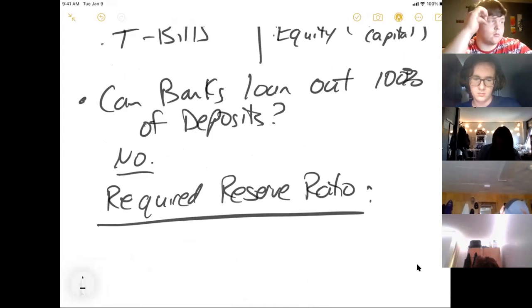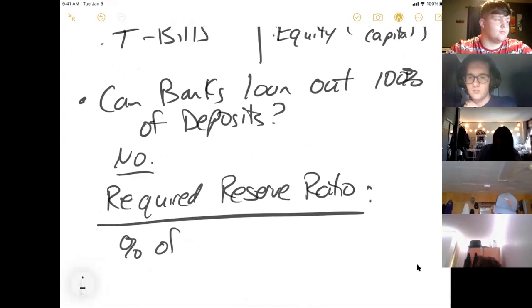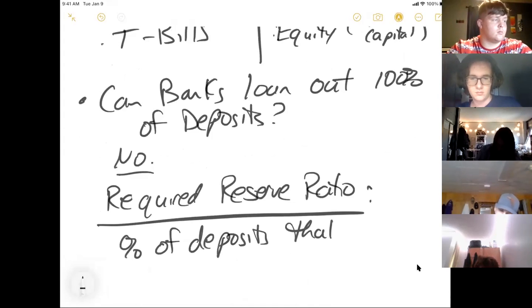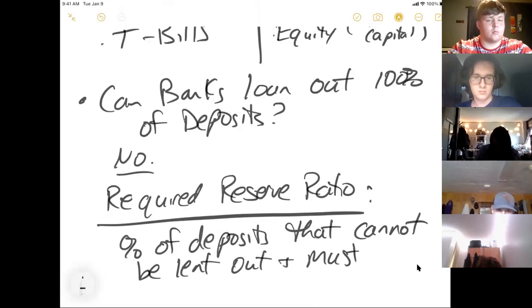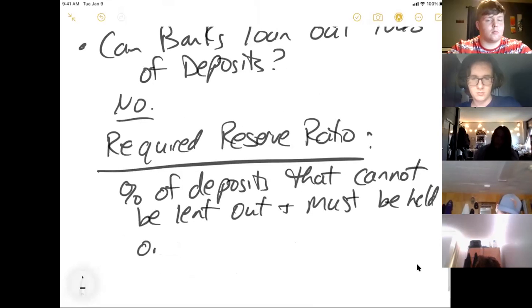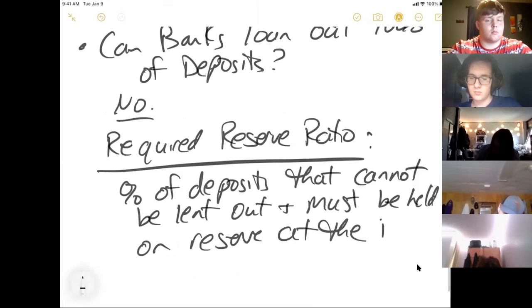Okay, a required reserve ratio is the percent of deposits that cannot be lent out and must be held on reserve. At the Fed.